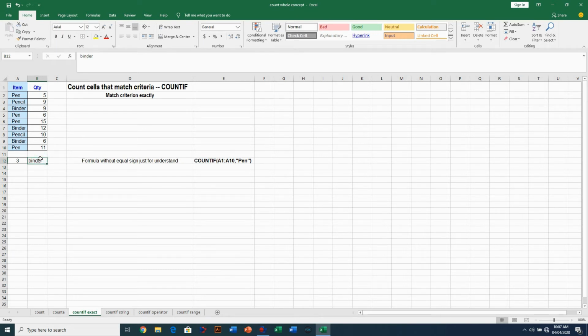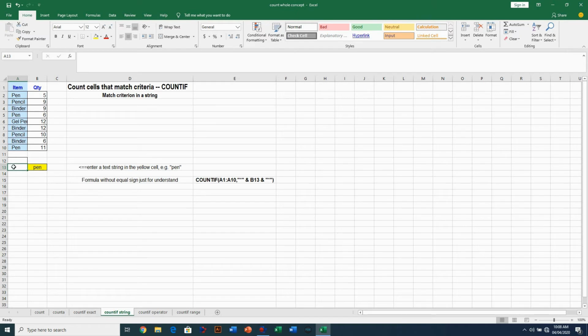If I write pencil here, it counts the pencil. So what does it do? It counts cells that match the criteria exactly. It will find the criteria that match, and how many times it occurs.